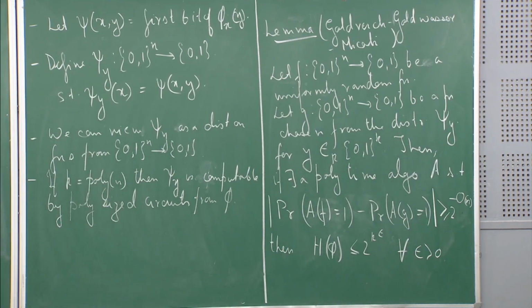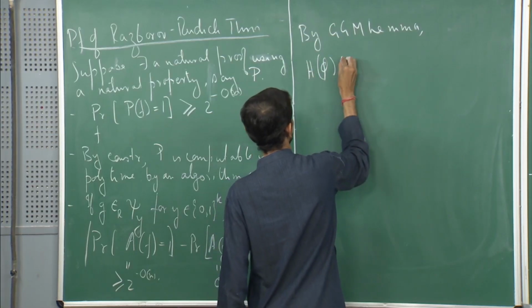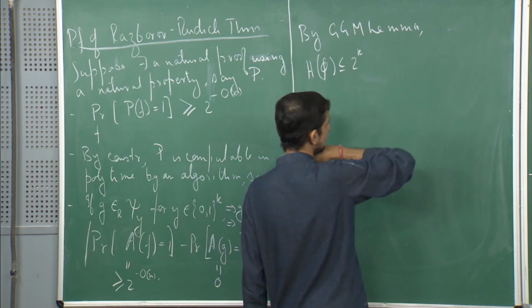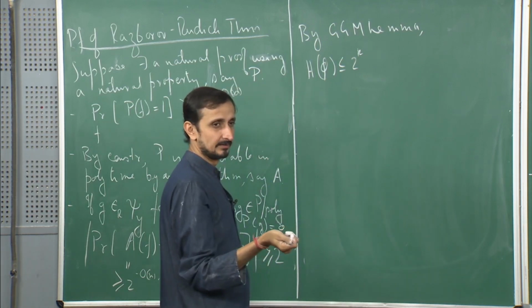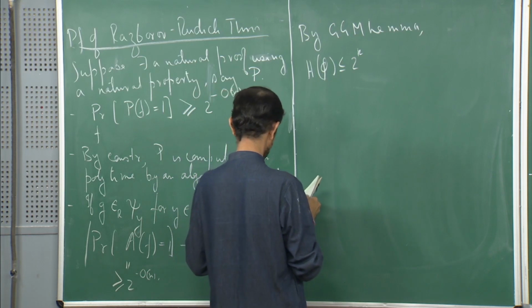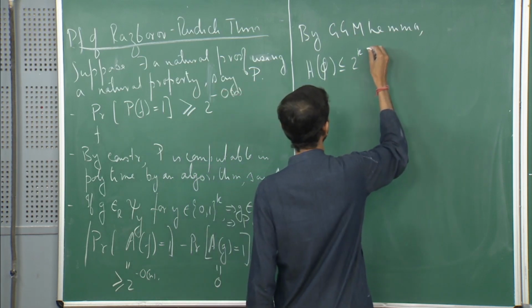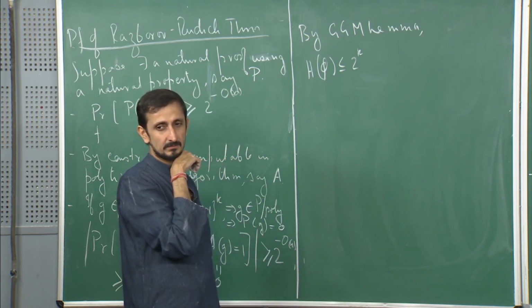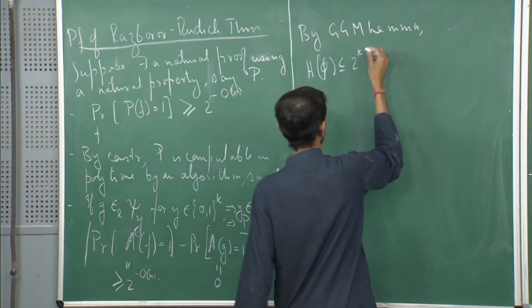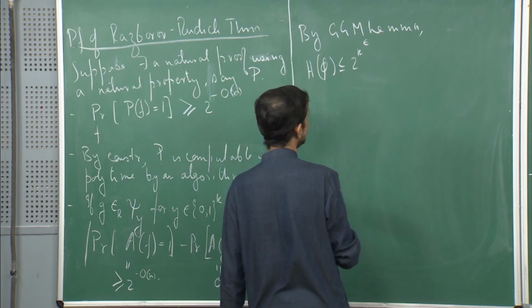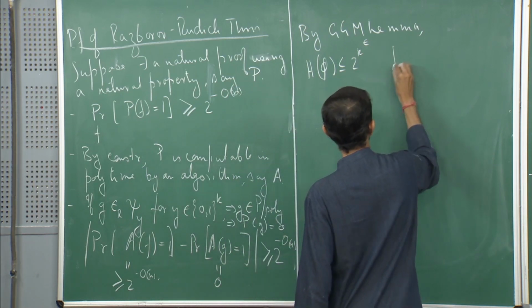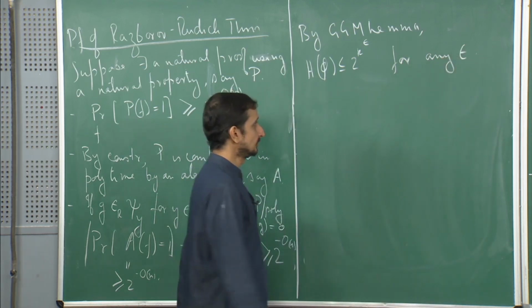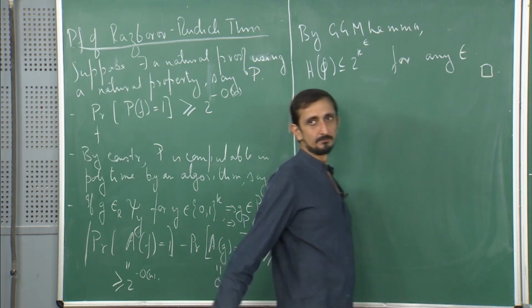Therefore, by this GGM lemma, h phi is less than 2 to the power k to the power small o of 1, I think, in the statement. Epsilon, right? In the Razborov-Rudich theorem, 2 to the power k to the power epsilon for any epsilon. So this proves the theorem.